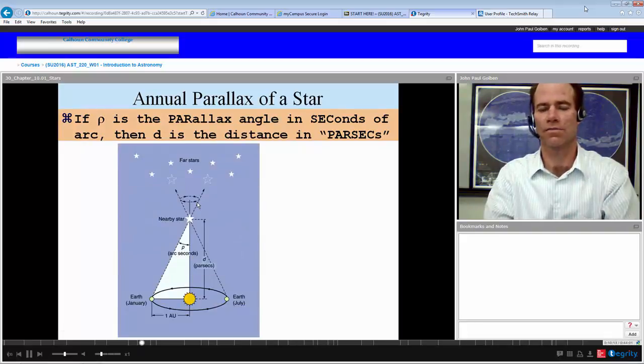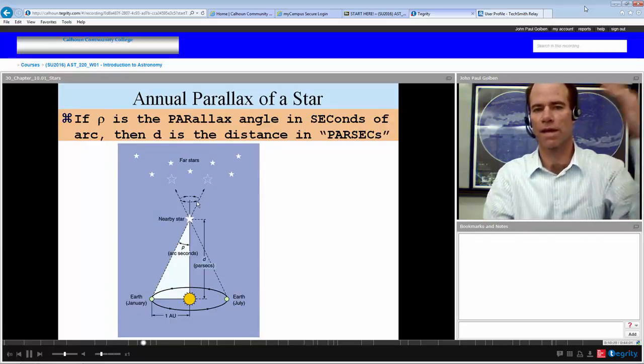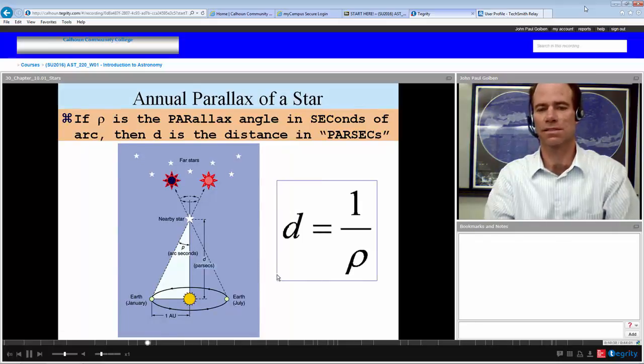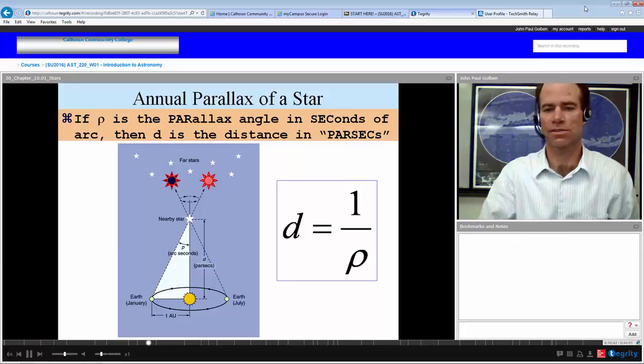What you would do is measure the star's position against a backdrop of further stars in January, and then 6 months later in July. If you measured that angle, which would be half of that total angle, which is your parallax angle, then we define the distance in parsecs as 1 over the parallax angle that you measure. And that angle is measured in seconds of arc.